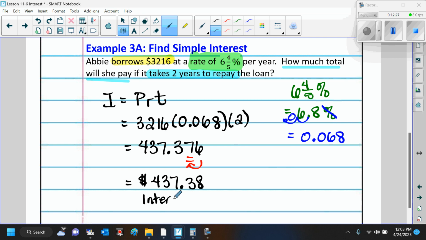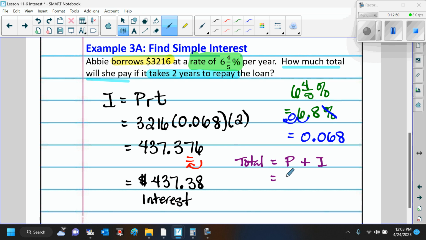Now, what do I have to do with this? Right. We have to add it to how much she borrowed. So, the total amount that she has to repay is going to be equal to the principal plus the interest.